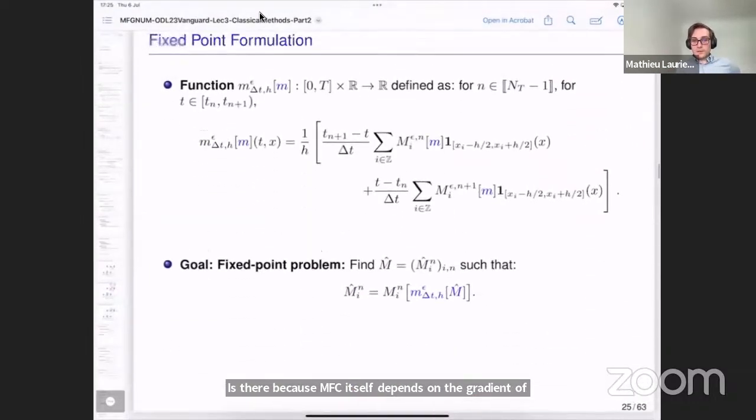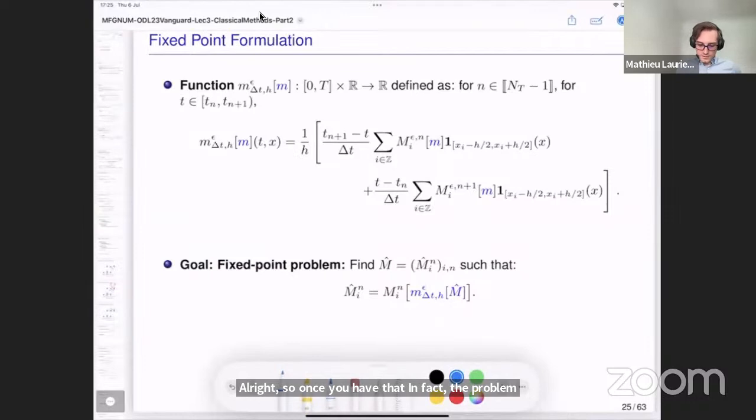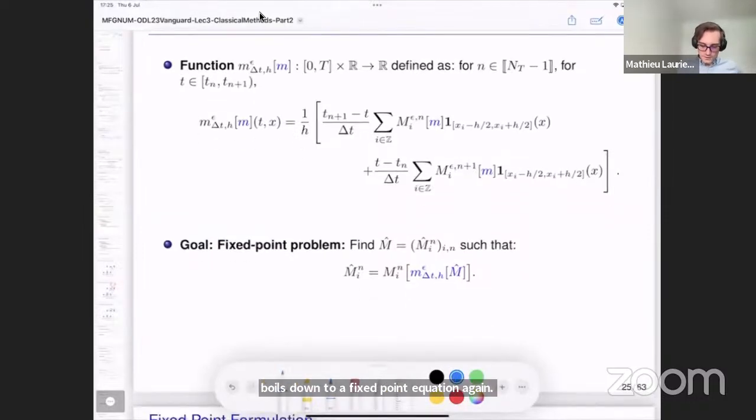All right, so once you have that, in fact, the problem boils down to a fixed point equation again. So let me stress this. You start with m hat. So you start with m, maybe you have some initial guess. Let me write k for iteration k, which is a vector or a matrix if you want, or a vector if you concatenate everything.